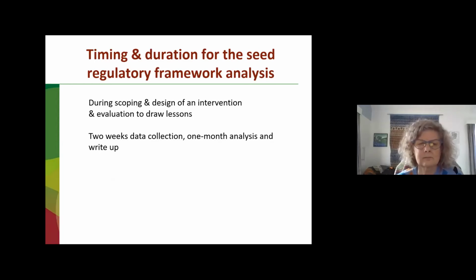If we think back to the project cycle, which was introduced on the first day of this course, this tool is appropriate for use at the scoping stage and design of an intervention, but also towards the end to evaluate and to draw lessons. The time required to apply the tool, generally it takes around 2 weeks of field data collection and interviews at the national level, with 1 month for analysis and write-up.